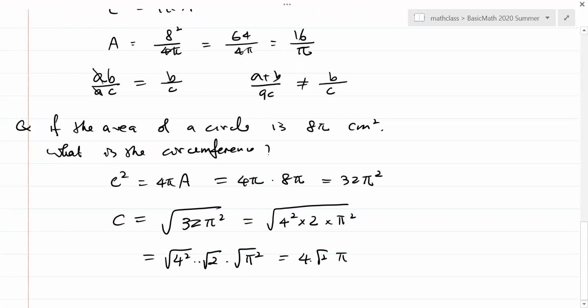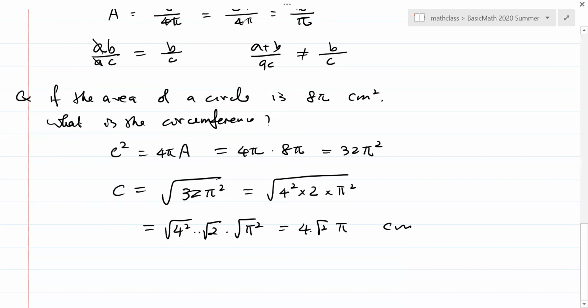And don't forget to put the unit. So that is going to be 4 square root 2 times pi. You have to express it in a simple form, not like the square root of 32. But yeah, we have to deal with the equation.